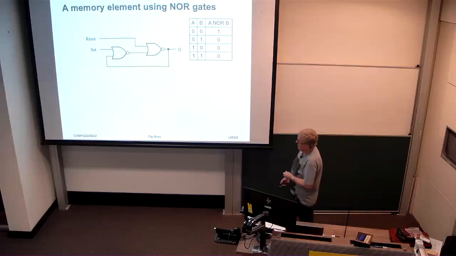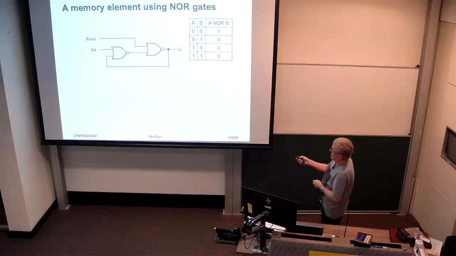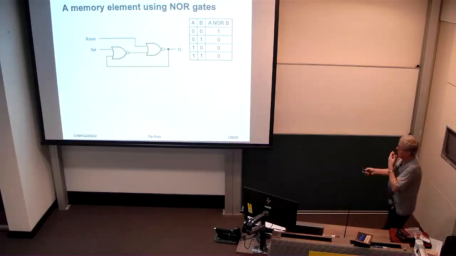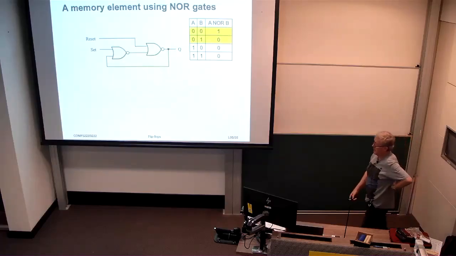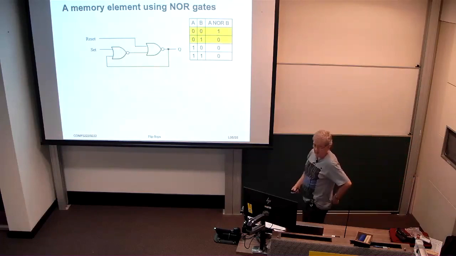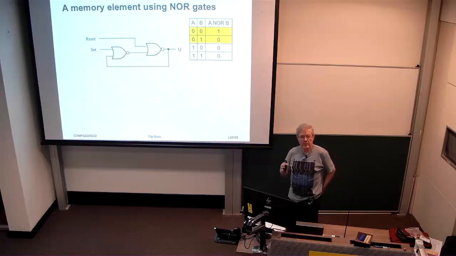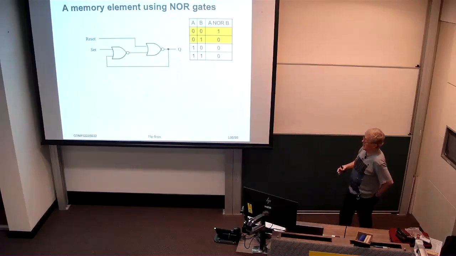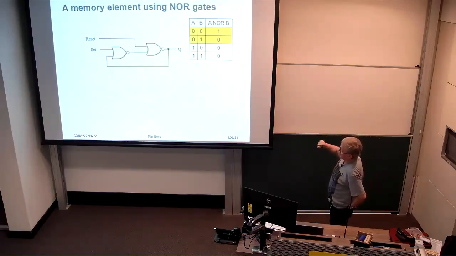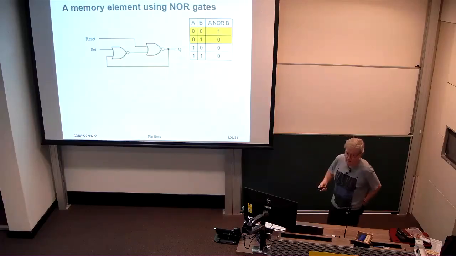So let's have a look at a slightly more sophisticated cycle, in this case involving two NOR gates like this. Now I've put the truth table of the NOR gate over on the right here, and it's interesting for a couple of reasons. Firstly, if one of the inputs to a NOR gate is 0, then the output of that NOR gate is the complement of the other input.